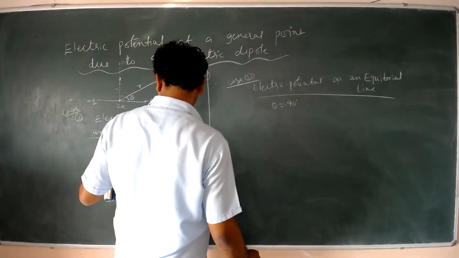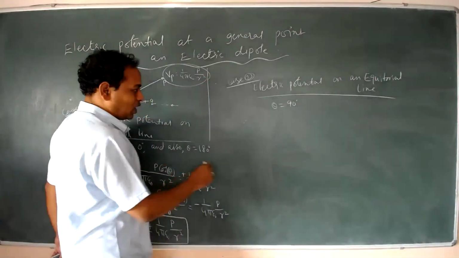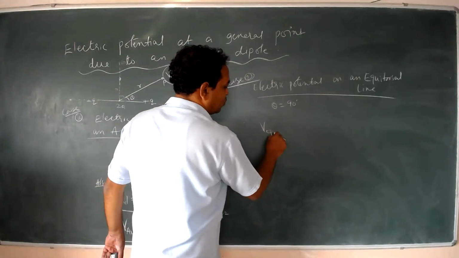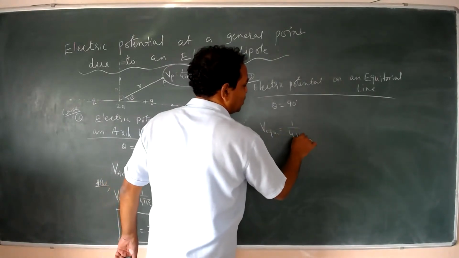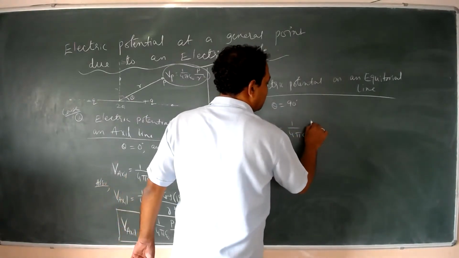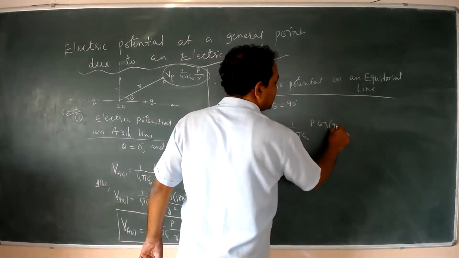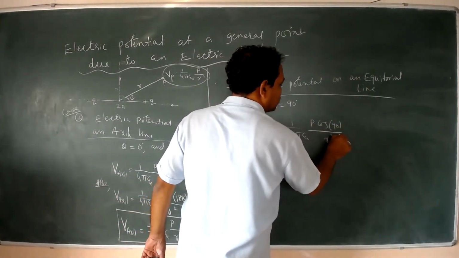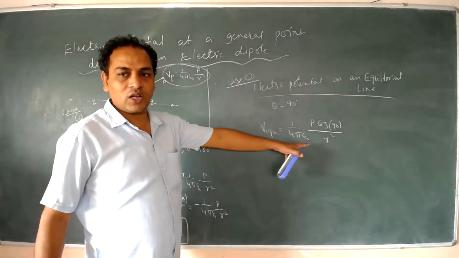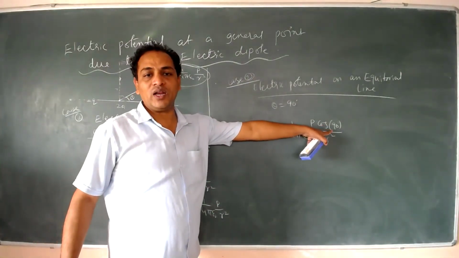Therefore, from the general equation, we have V equatorial is equal to 1 by 4 pi epsilon naught into P cos of 90 degree by R square. This is the general formula. In the general formula, instead of theta, I have written 90 degree.